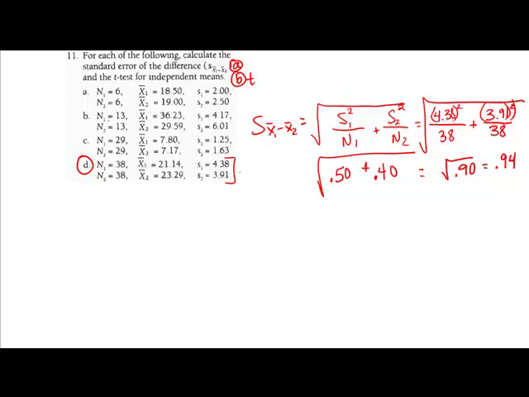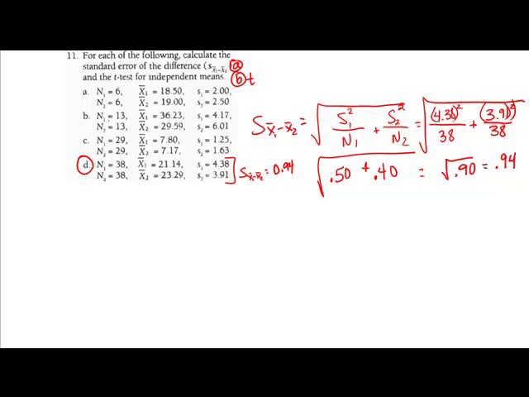Okay, so for D, we have S with all these little tiny subscripts, 0.94. Let's go ahead and do the t-test.